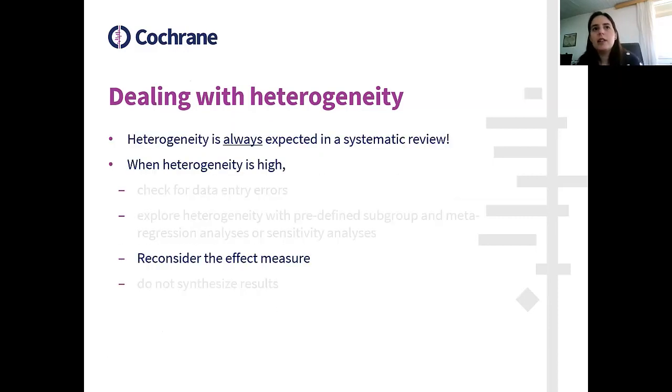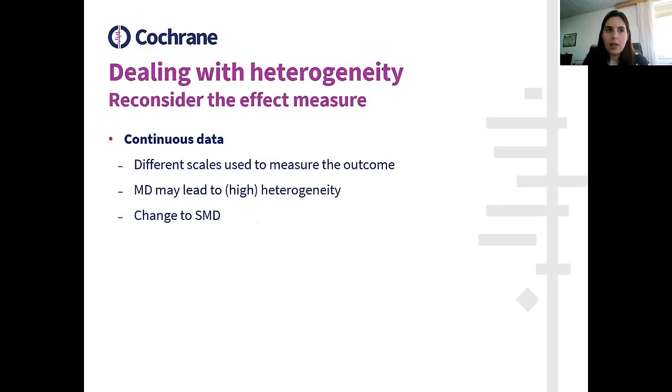Then an interesting approach is to reconsider the effect measure that has been used. When we deal with continuous data, the included studies may have used different scales, and such an issue is very common when we explore subjective outcomes, for example anxiety symptoms or depression symptoms.